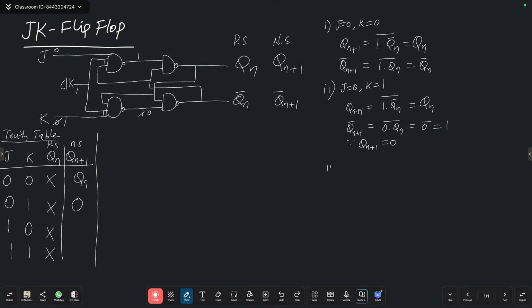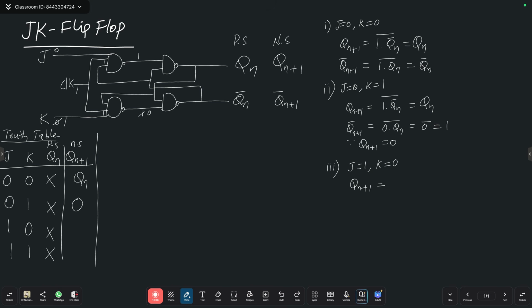Then coming to the third. The procedure is the same as the SR flip-flop; what we have done, JK is the same, with one change, that is what I told you. You remember from the starting. Now tell me, J equals to 1, K equals to 0, right? Now do it.